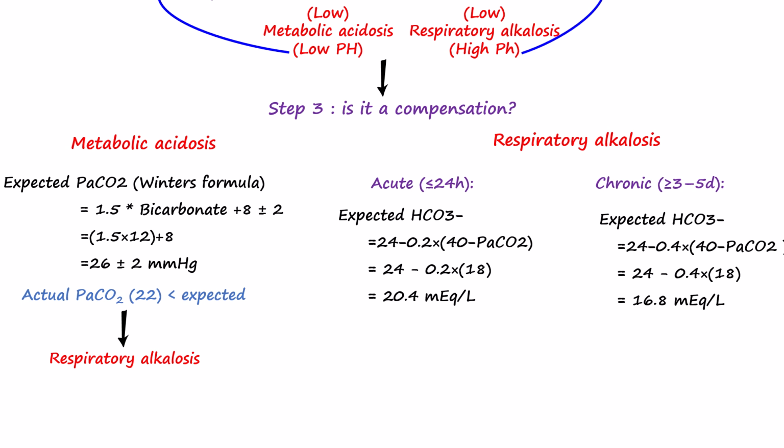The simple math here shows the compensation for acute and chronic respiratory alkalosis at PaCO2 of 22 mmHg. In both scenarios, as we can see, the actual or the measured bicarb of 12 is much lower than we would expect with renal compensation, yet again suggesting additional disturbance, in this case metabolic acidosis.